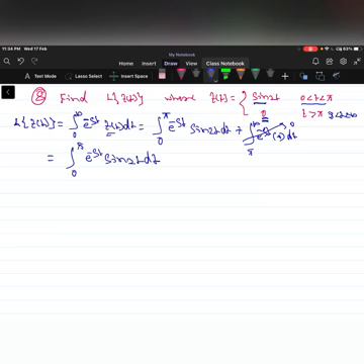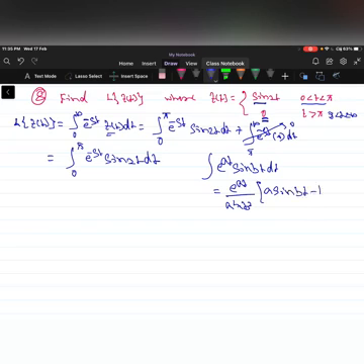You know the formula: integration of e to the power of at into sin bt dt is equal to e power at by a square plus b square into a sin bt minus b cos bt.